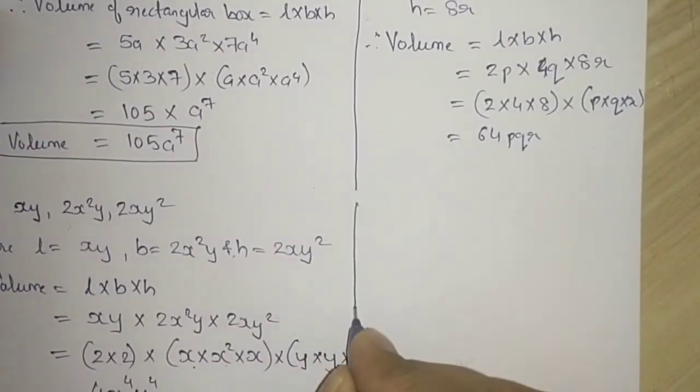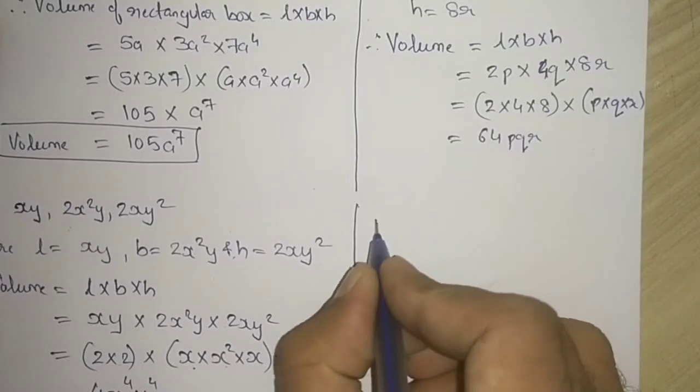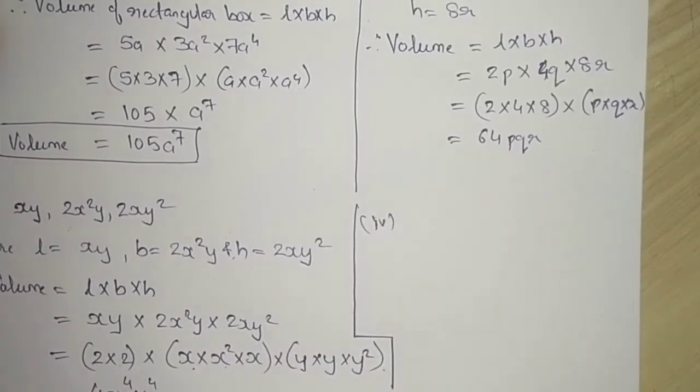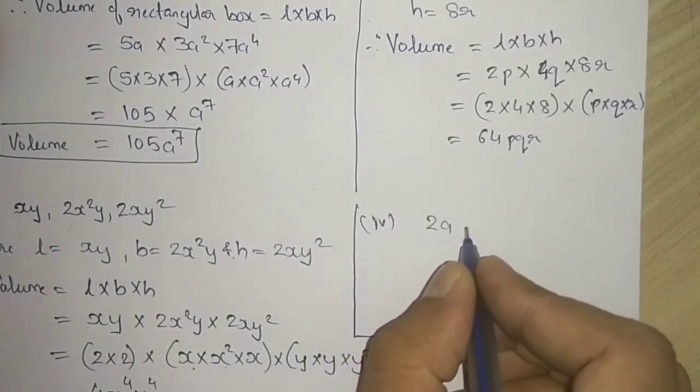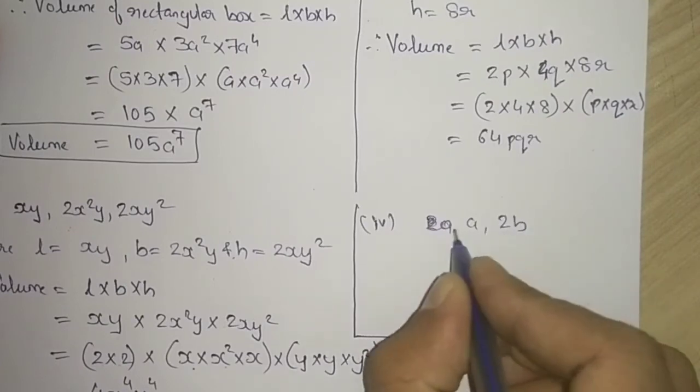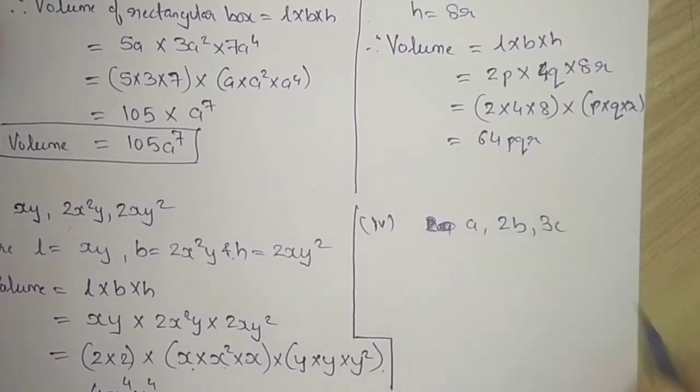Moving to the last part, that is fourth part. Question is a into 2b, sorry, it is only a into 2b into 3c, that we are going to do.